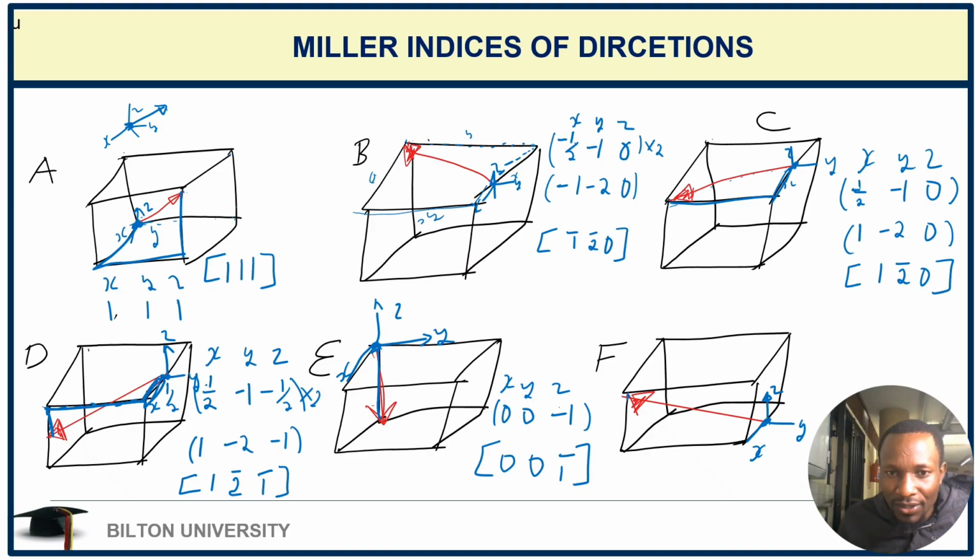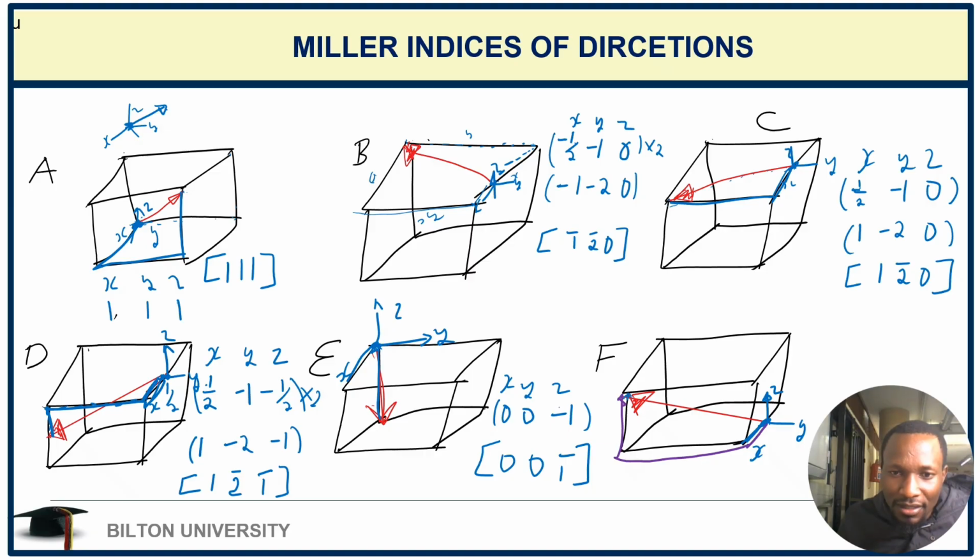So the only direction I can take to reach this point is that I move towards this point, then this point, and then I reach here. That's the only direction that I can take.